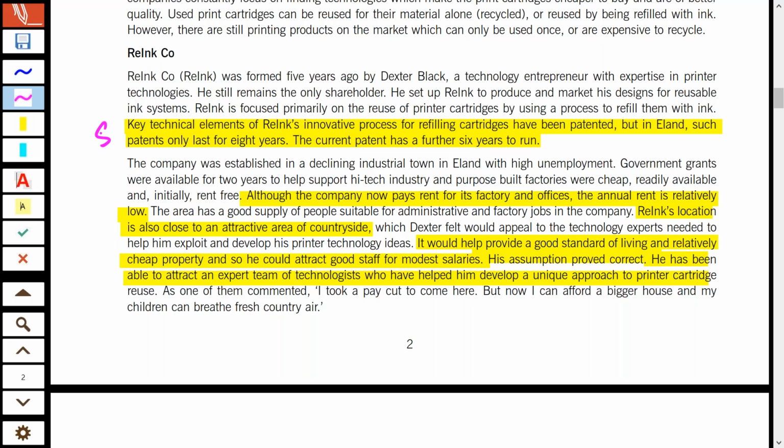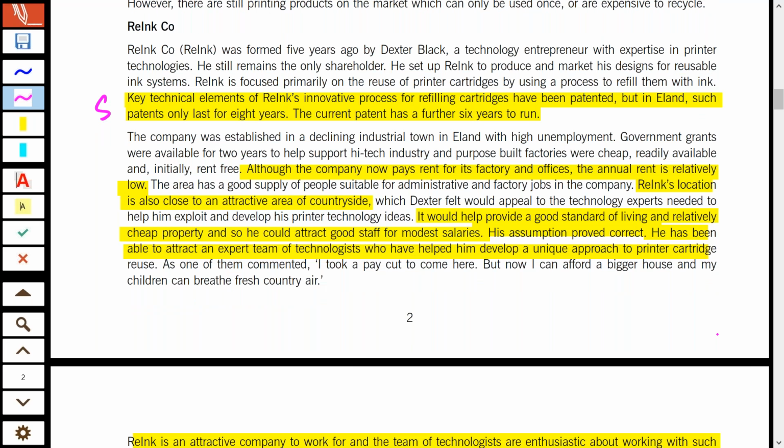It's good. Next, although the company now pays rent for its factory and offices, the annual rent is relatively low. Good. It's a strength because it's talking about our location, our office, and we chose the location, right? We chose a location where the rents are relatively low. Good decision.